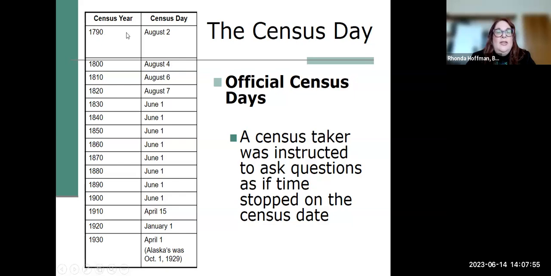In 1790, the people who answered the questions would have to answer as if it was August 2nd of that year. So even if the census taker visited months later, they were supposed to answer the questions as if it was August 2nd. If a baby was born after August 2nd, then that baby wouldn't be counted on the schedule.